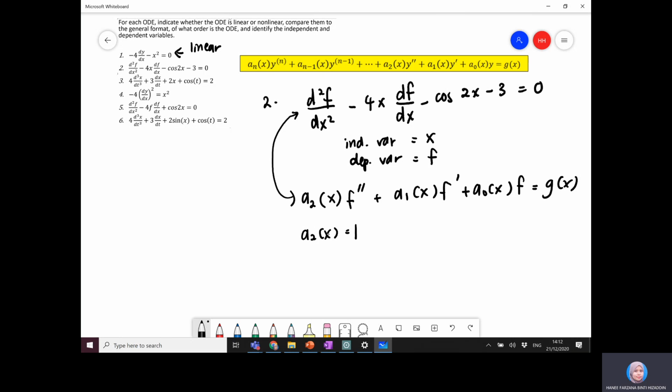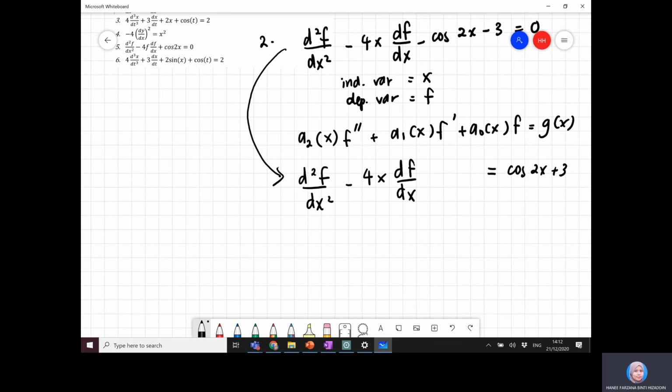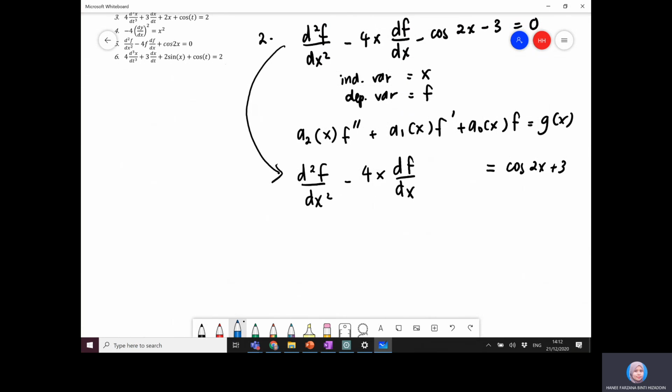And then, let's just rewrite this. I just want to erase this part. So let's rearrange this into d2f dx squared minus 4x df dx equal to cos 2x plus 3. Then you can compare this with the standard form to see which one is a2, a1 and a0, so that you can identify whether it's linear or not.